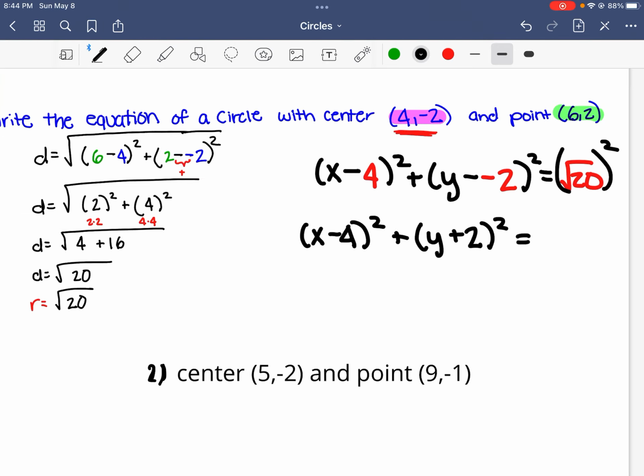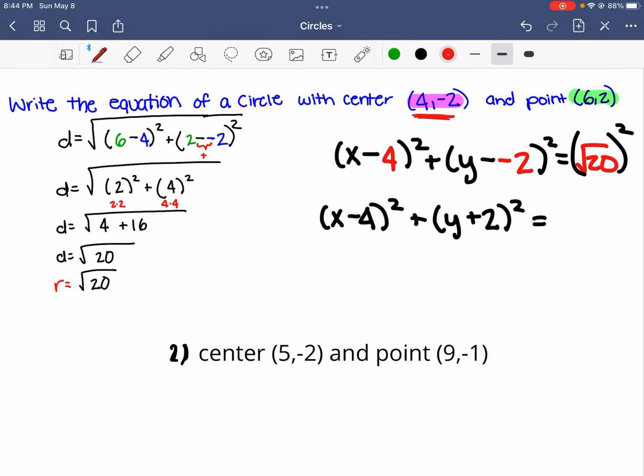And lastly, on this right-hand side, if you remember a square root, let me make this a little smaller. A square root and a square are opposites. When you put them together, they cancel each other out.